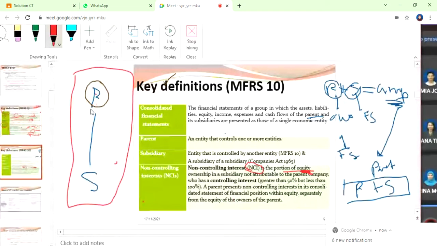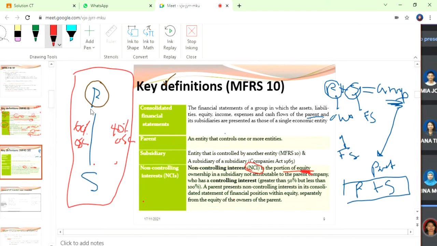Meaning to say, if you have a parent company who invests in the ordinary share capital and acquires, let's say, 60% of the ordinary share capital of S, then there is another 40% of the ordinary share capital of S which is not held by the parent.